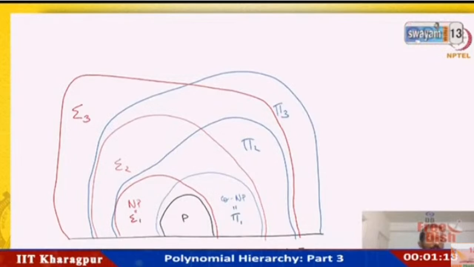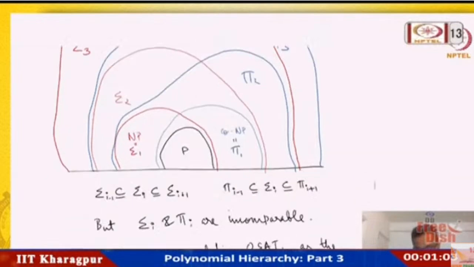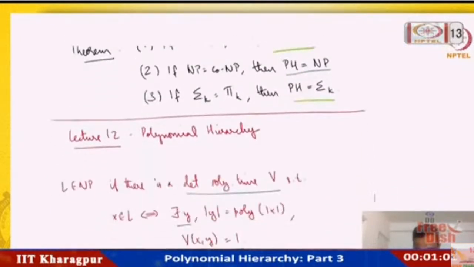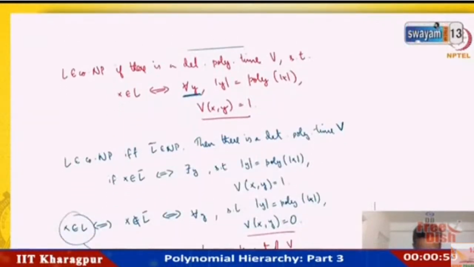Just like P versus NP, we don't know whether P is strictly contained inside NP or not. Any of this containment, we don't know whether it is strict or not, because if any of them is proved to be equal, then many things collapse. So that's all I wanted to say in this lecture.